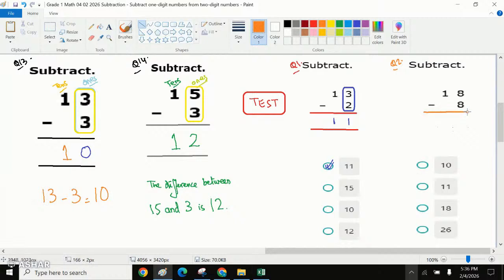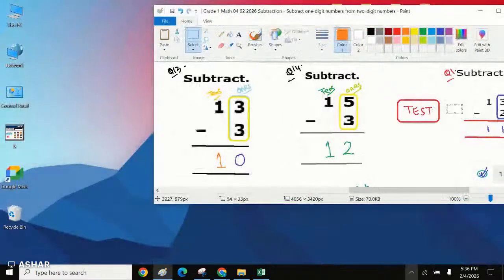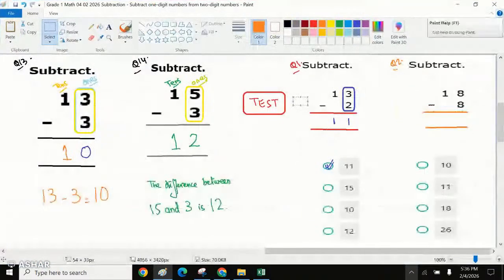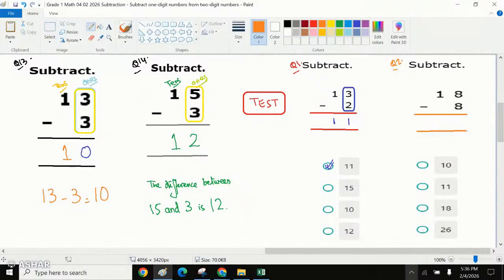We know that it cannot be 26. Why? Because we are doing subtraction, not addition. So the answer cannot be greater than 18. It cannot be 18 because we are subtracting something from 18, right? So what should be the correct answer?